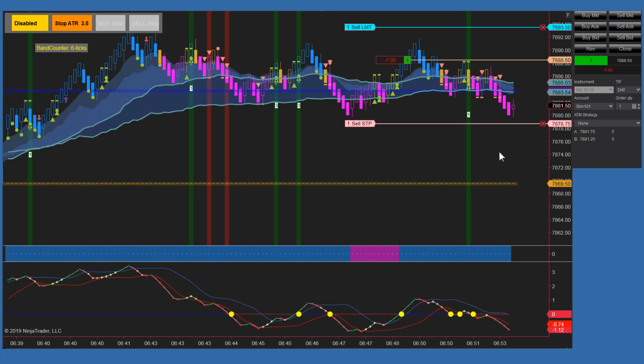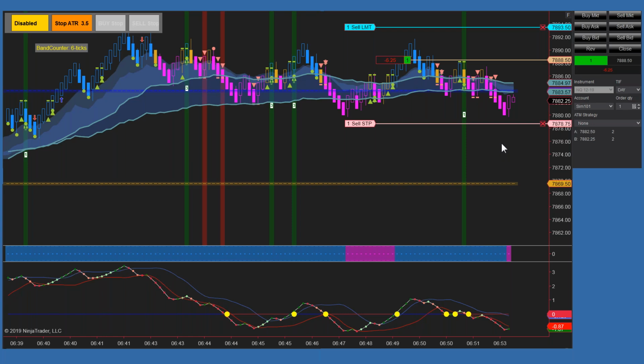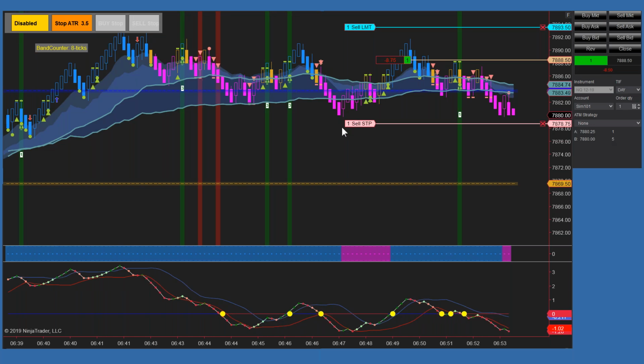You can start to roll your stops more aggressively. I'm debating a reverse, actually. I don't do this very often, but I'm debating reversing this signal, because it should have worked out.